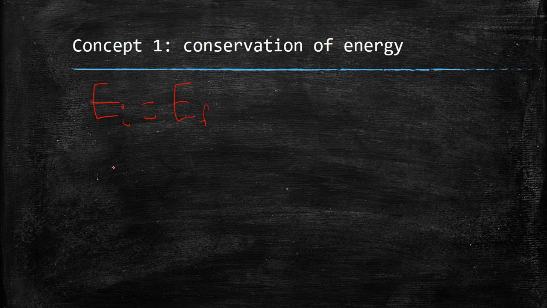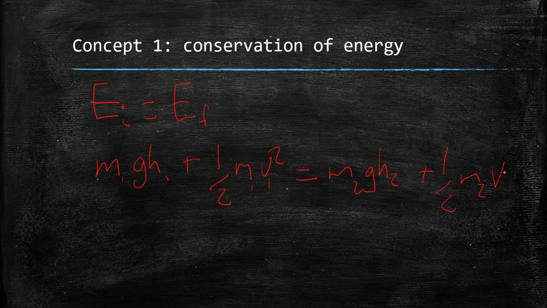With problems with vertical and horizontal motion, we'll have m1gh1 plus half m1v1 squared will equal m2gh2 plus half m2v2 squared. So basically the potential and kinetic energy will remain constant within a system.